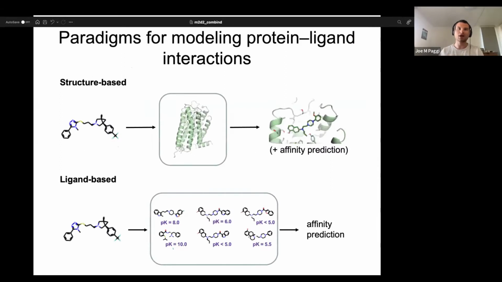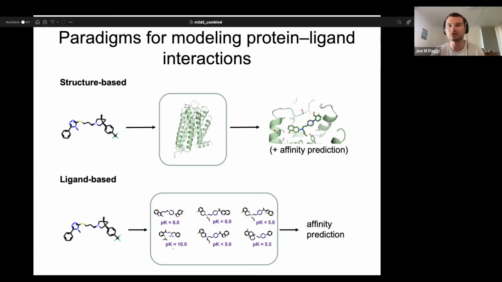I think that at a high level, if we think about the methods that we use to model the interactions of small molecule drugs with a specific target protein, they can largely be broken down into two camps, based on the types of information about the target protein that they use.